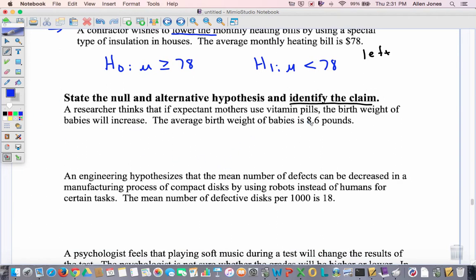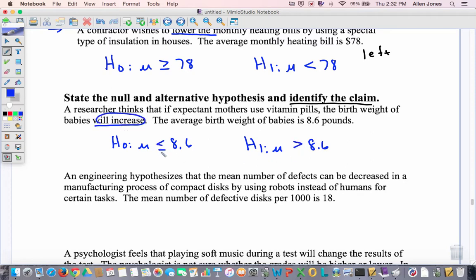So number 1 says, a researcher thinks that if expectant mothers use vitamin pills, the birth weight of babies will increase. The average birth weight right now is 8.6 pounds. So our null hypothesis is based on 8.6 pounds. Our alternative hypothesis is based on 8.6 pounds.